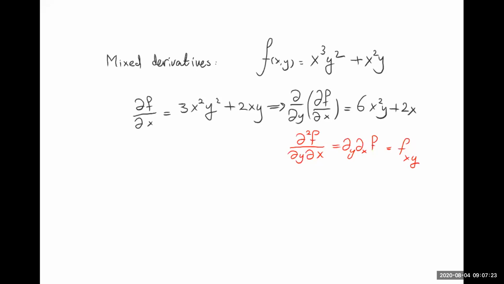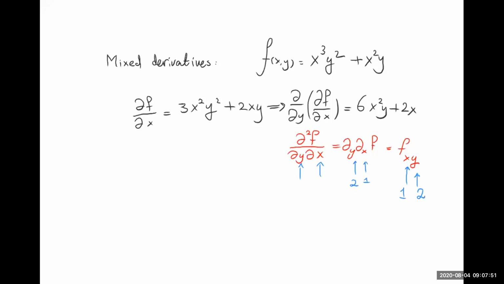The order here is different from the order here. So here, the first letter means we should take the first derivative with respect to x. Then we should take the derivative with respect to y. But here it means we should take the derivative with respect to x first and then with respect to y.